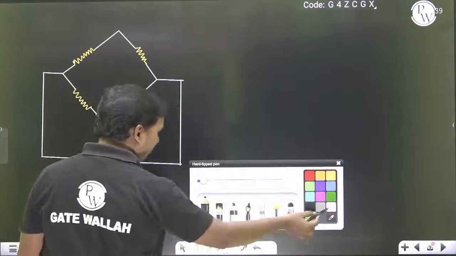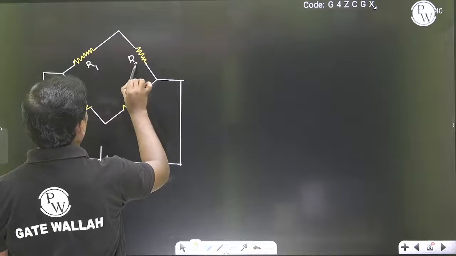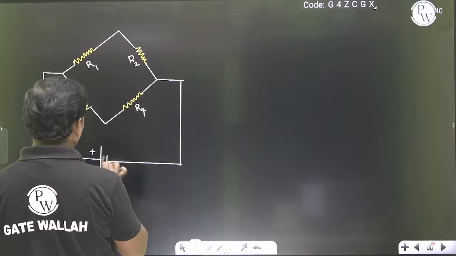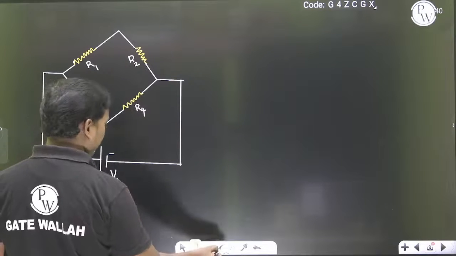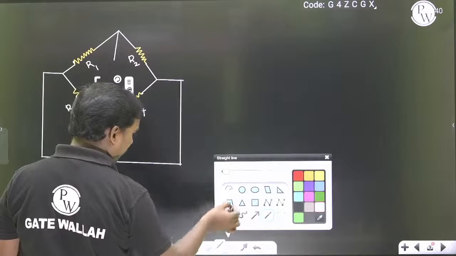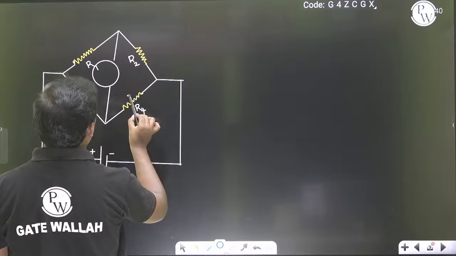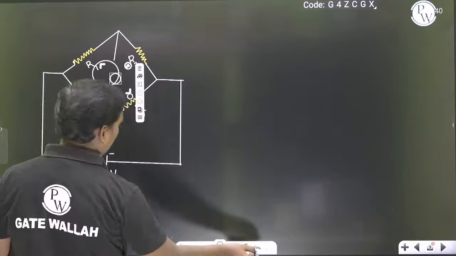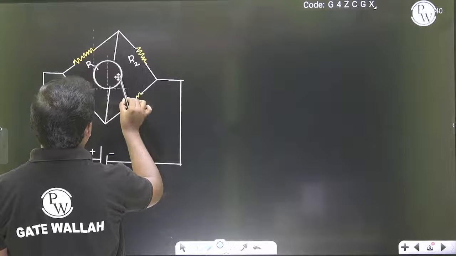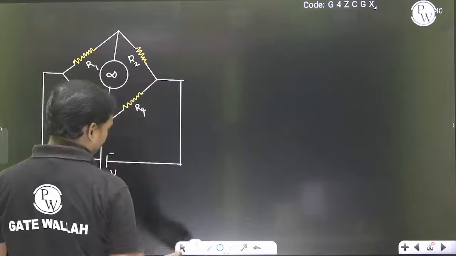All of you, try to understand what I am doing here. This is R1, R2, R3, R4, and this is the Vs. And here the meter resistance is infinite.